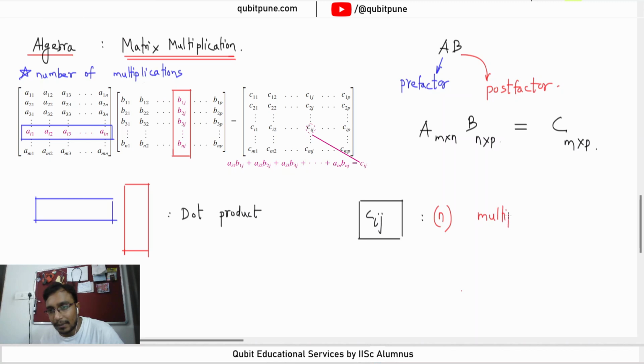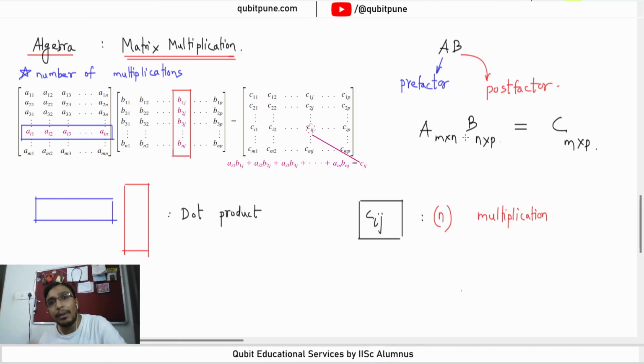Why n multiplications? When A is of the size m cross n, do you agree that A is going to have n columns in it? Which means each row of A is going to have n elements in it. When it comes to B, of the order n cross p, do you agree that it has n rows and p columns in it?